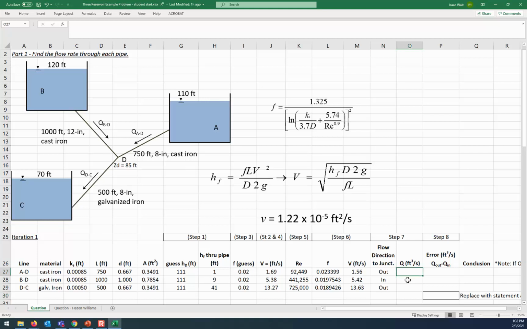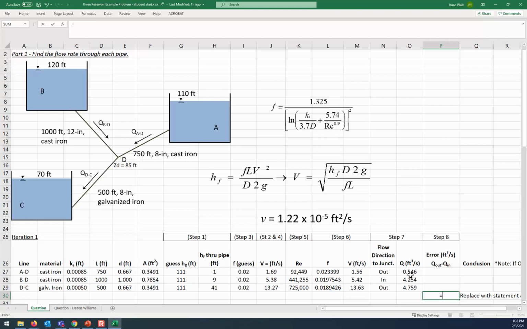All right, flow rate. Q equals V times A. So we have a flow rate through each of the three pipes. Now, down here at the bottom, we need to combine the flow rates. And so we're going to do the out minus the in.